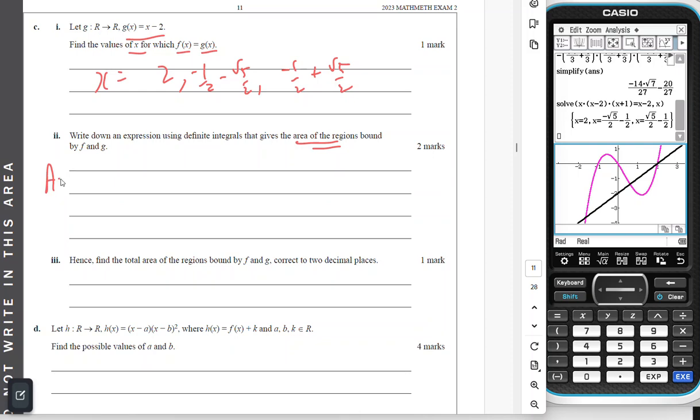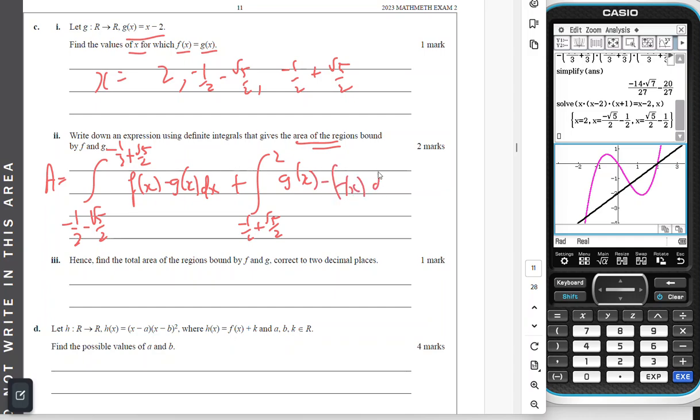So the area is going to equal the integral that goes from -1/2 minus √5 on 2 to -1/2 plus √5 on 2, and my top curve is f of x minus g of x dx, plus the integral from -1/2 plus √5 on 2 to 2 of g of x minus f of x dx, and find the area.